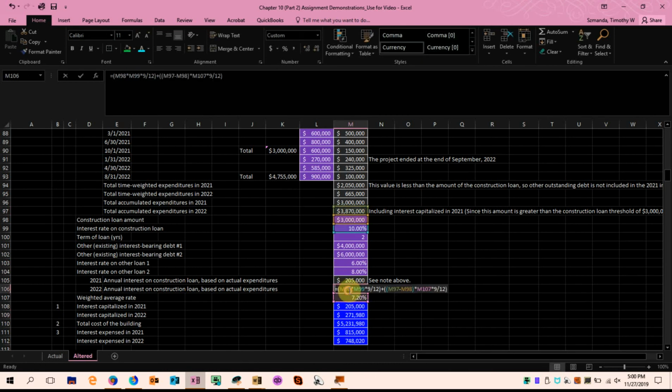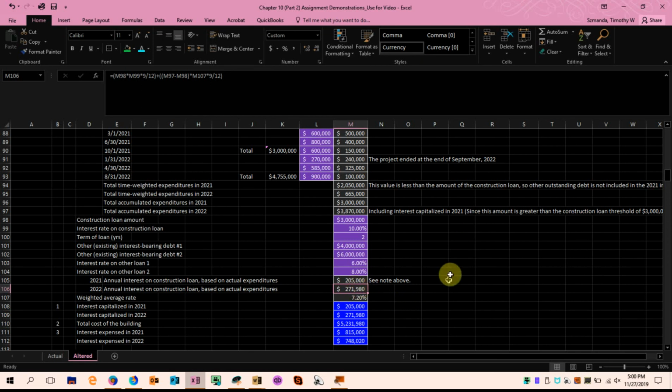All right, so that again, just to reiterate, that's the $3 million times 10% times 9/12 plus the portion financed by the other loans, because this amount exceeds the $3 million loan, times a weighted average of 7.2%, the weighted average on those two non-construction loans, times 9/12. So that is how we arrive then at, as I said earlier, the capitalized interest for year 2, which is, again, kind of a complex calculation.